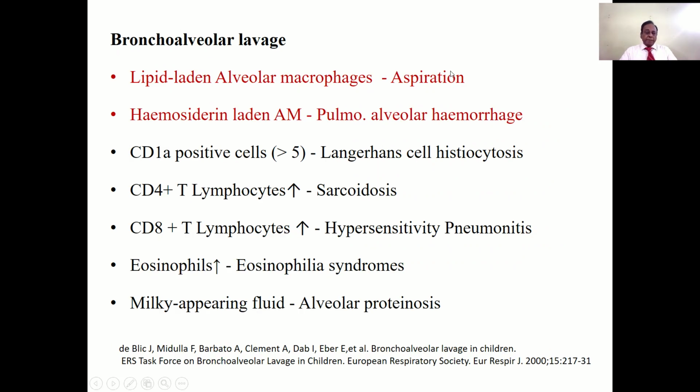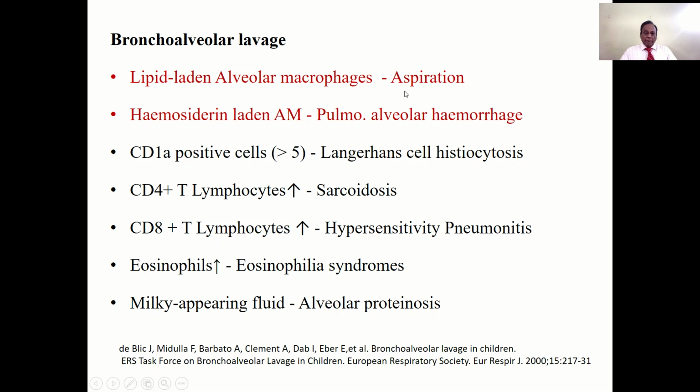Bronchial lavage plays a very important role in the diagnosis of ILDs, because if you document lipid-laden macrophages, you can say it is aspiration. We all know aspiration is one of the conditions, typically recurrent aspiration or recurrent micro-aspiration, and alveolar injury may lead to ILD. So there, if your BAL shows lipid-laden macrophages, you can document lipid pneumonia causing ILD.